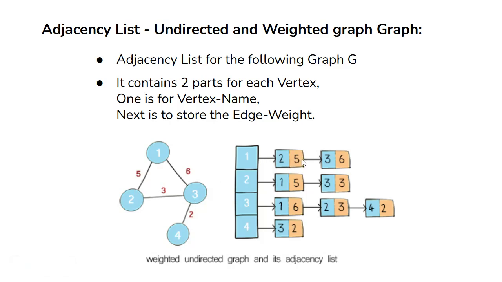Since it is undirected, the vice versa is the same. That is, if there is an adjacent node from 1 to 2, then from 2 to 1 there is also a path, because it is an undirected graph. So if there is a path from 1 to 2, there should be a path from 2 to 1, and its cost is the same. And so on, you have to represent the four kinds of graph using adjacency list. Thank you.